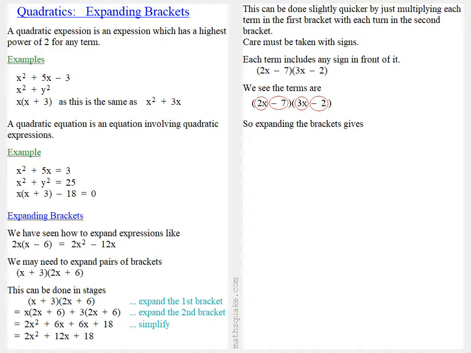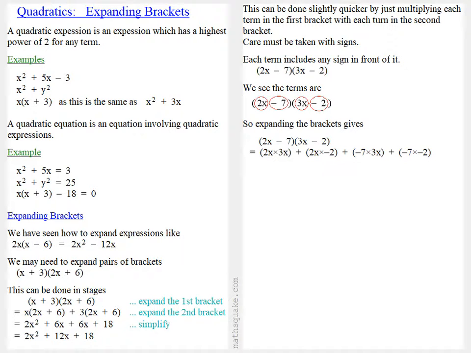So expanding the bracket gives 2x minus 7 into 3x minus 2 becomes 2x times 3x plus 2x times minus 2 plus minus 7 times 3x plus minus 7 times minus 2.